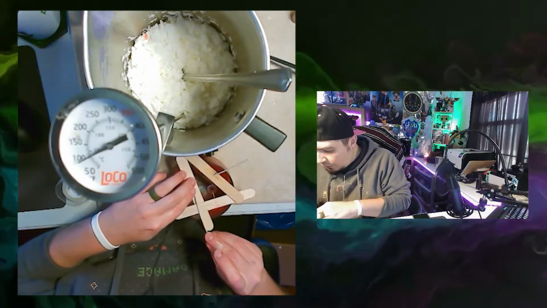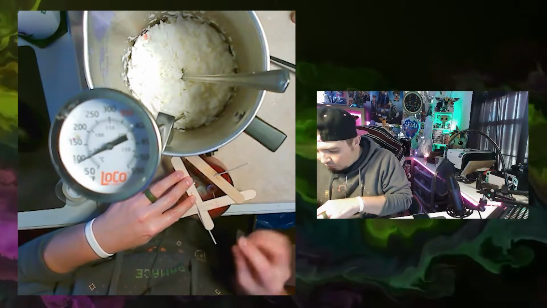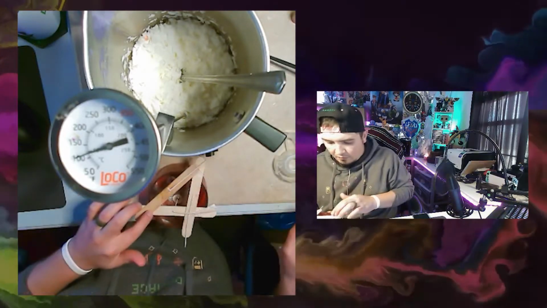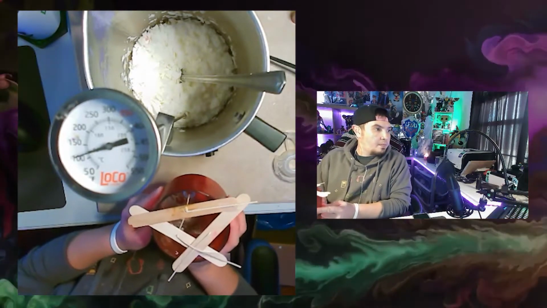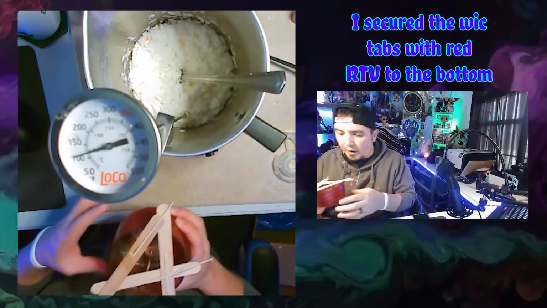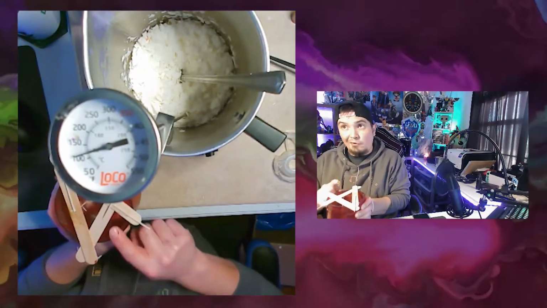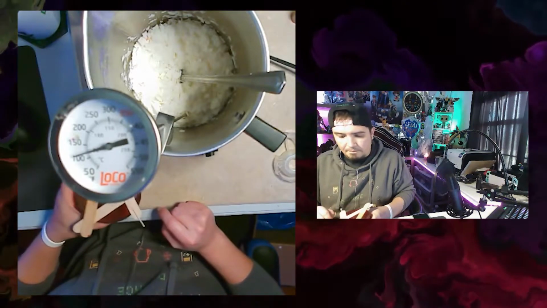And this will be a 3-wick candle that I'm making for him. Alright, so that's my setup. That'll keep my wicks upright and stable. And then whenever I pour, I'll just pour into this opening over here. So there's that.